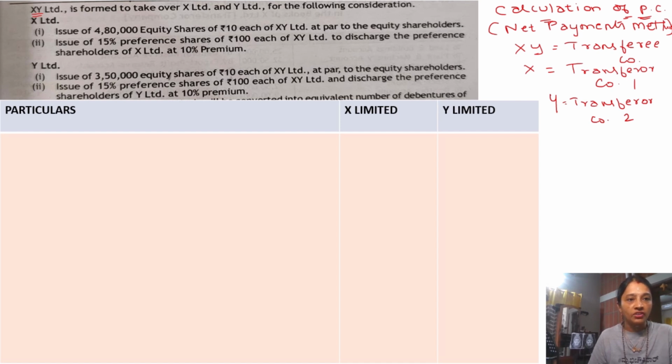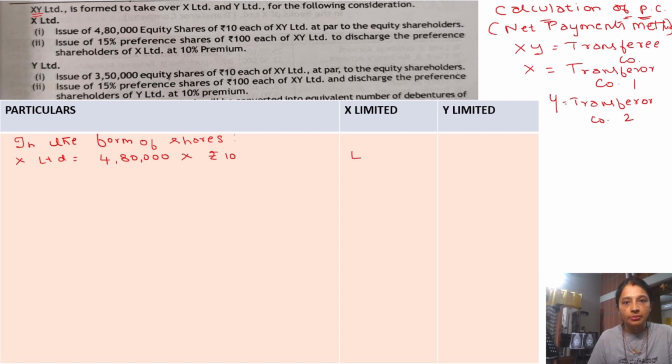So first we write in the form of equity shares. So equity shares for X Limited, how many equity shares they have given? For X Limited, they have issued 4,80,000 equity shares of rupees 10 each.